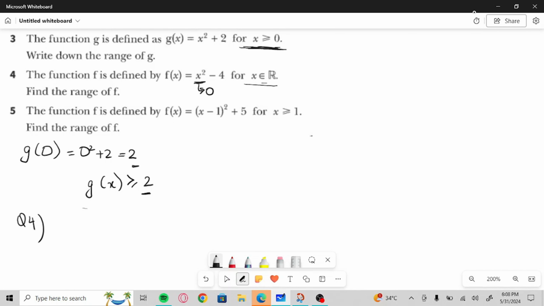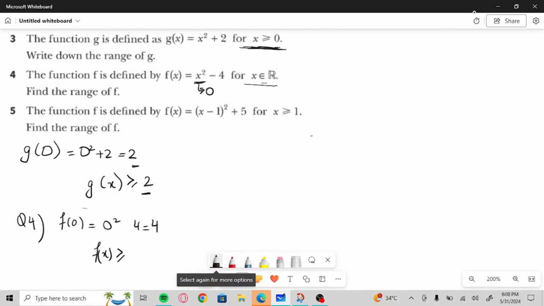So that's why we are going to say that f(0) is equal to 0 squared plus 4, which is equal to 4. And similarly, we will say that f(x) is greater than or equal to, I'm sorry, this is not positive 4. Let me correct this.